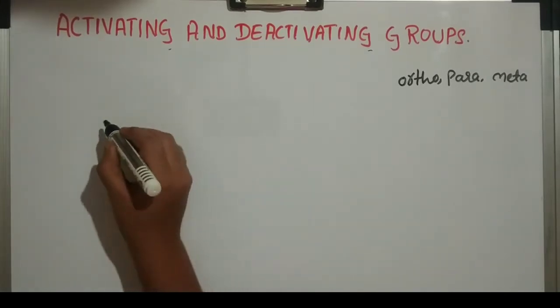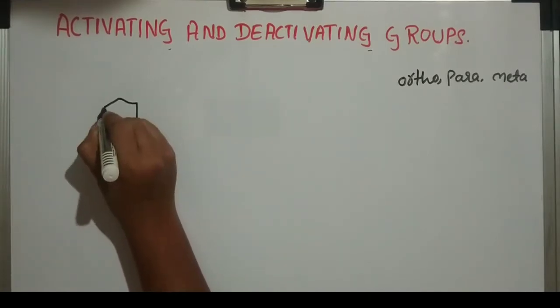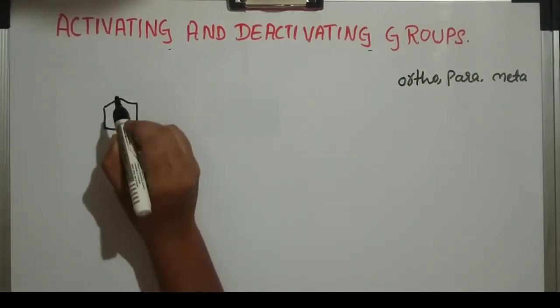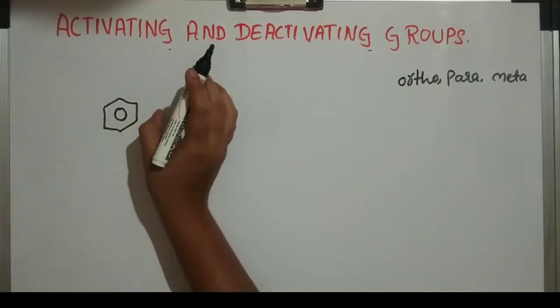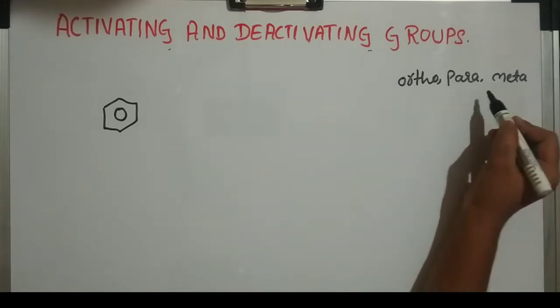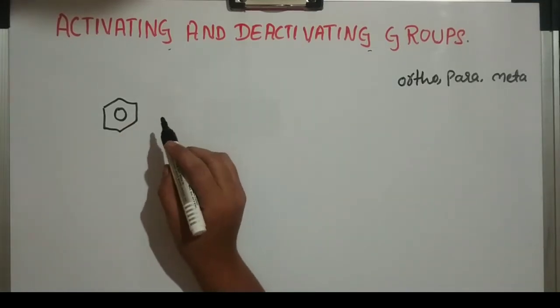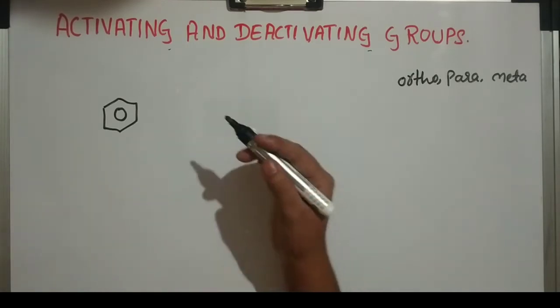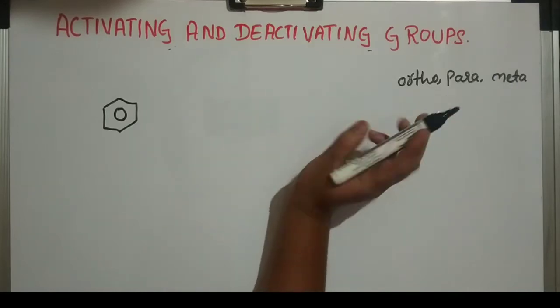First we'll discuss the basic concept, that is we'll take a benzene ring. You might already know how to determine the ortho, para and meta positions in the benzene ring. Again I will discuss this, and further we will learn more about the activating and deactivating groups.